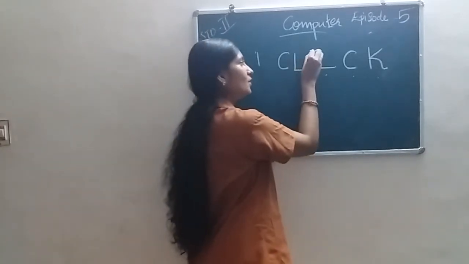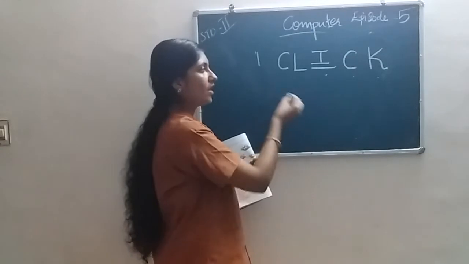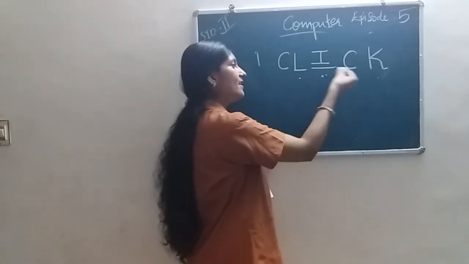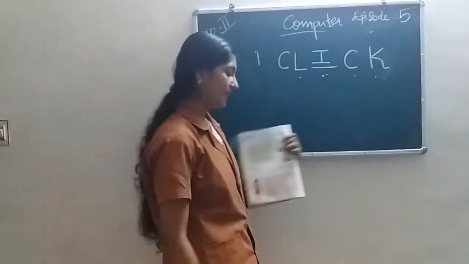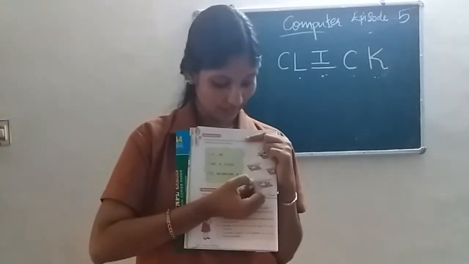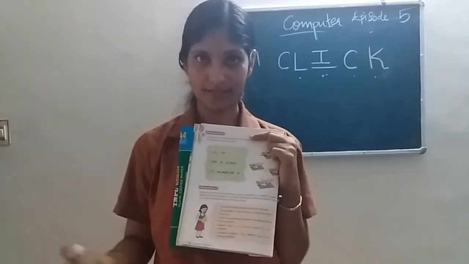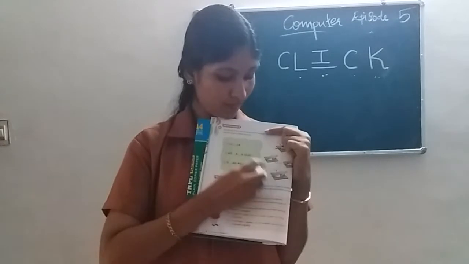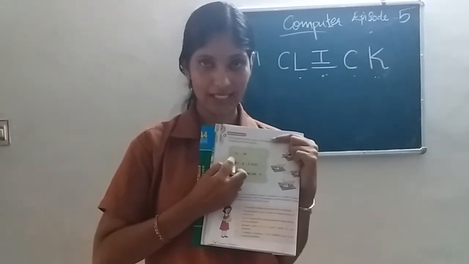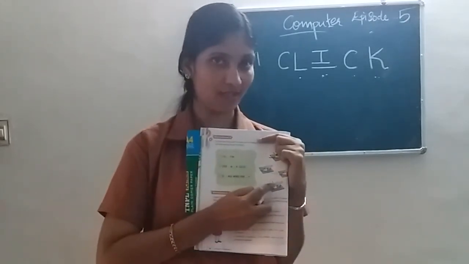I. So, write the letter I here. So, what is the word? Click. C, L, I, C, K. Click. Then match. Where is the click picture given here? So, match the click into this. Okay. So, here just write the letter I in this word and then match to this picture.